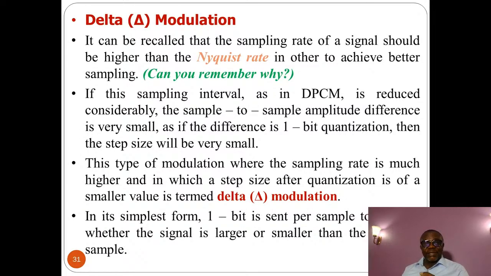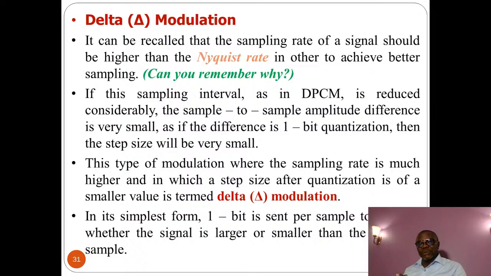So the important one here is delta modulation. It can be recalled that the sampling rate of a signal should be higher than the Nyquist rate in order to achieve better sampling. And my question is, can you remember why?